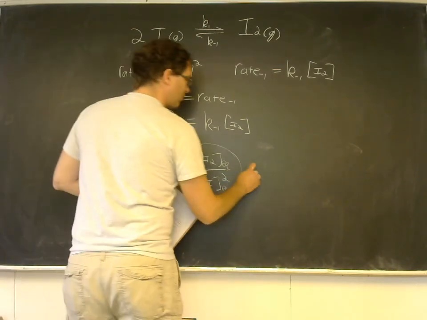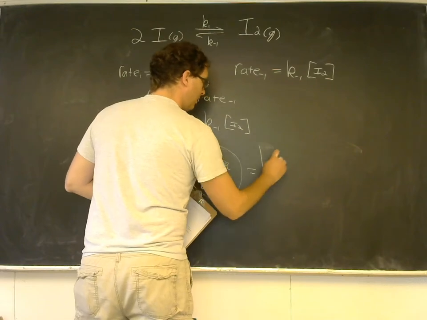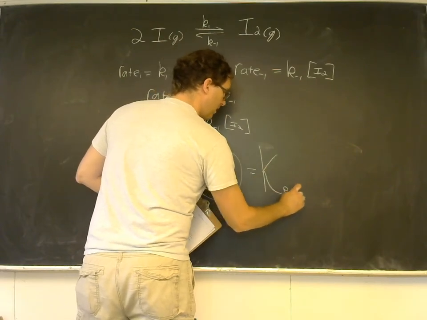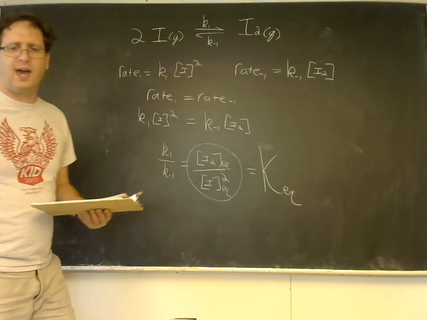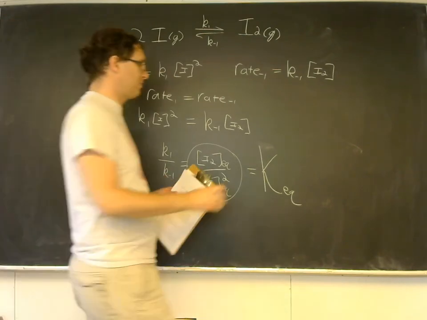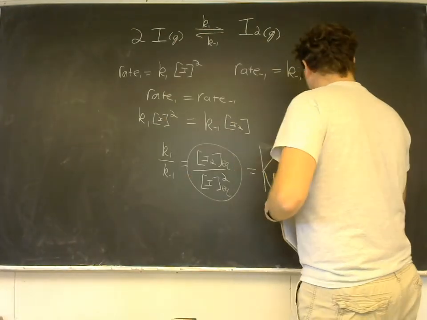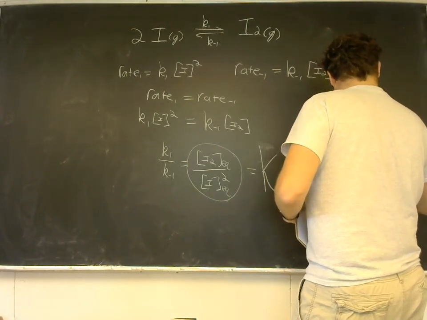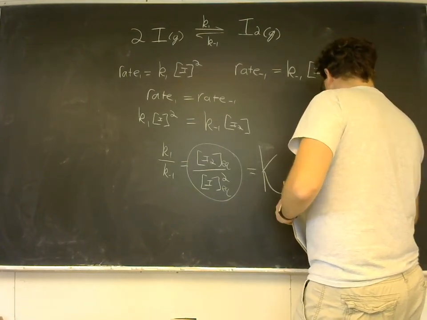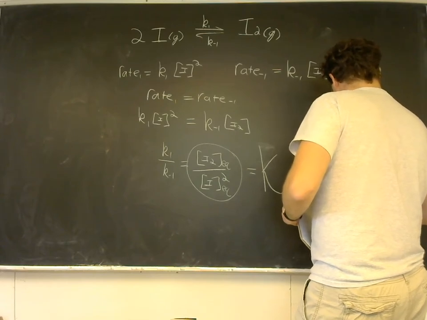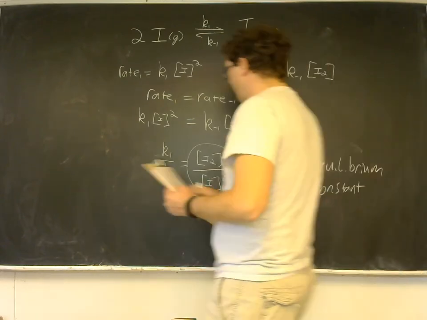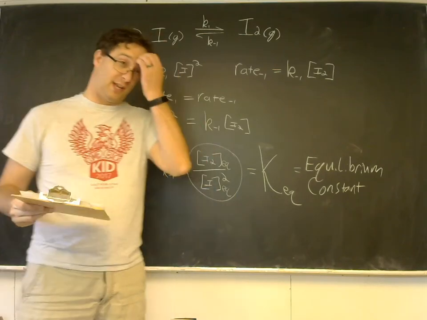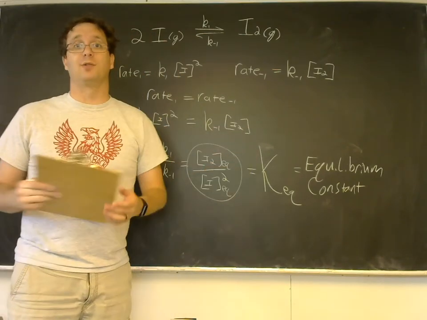And so this quantity is sometimes called Keq, or just K. This is the equilibrium constant. And equilibrium constants are going to be central to so much of what we're going to do in this course.